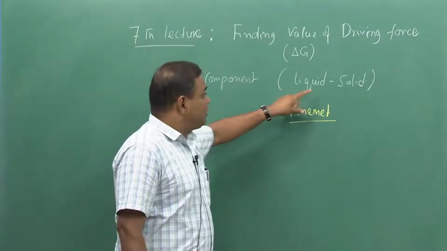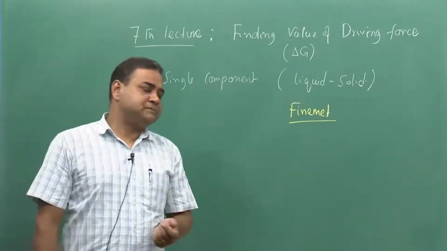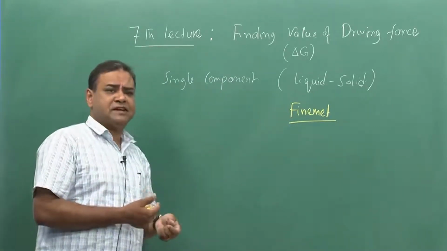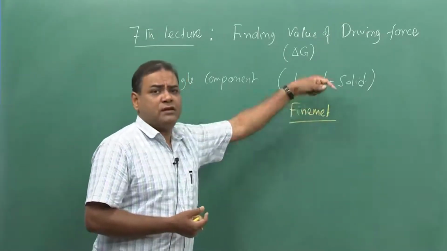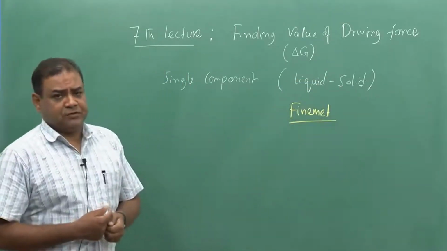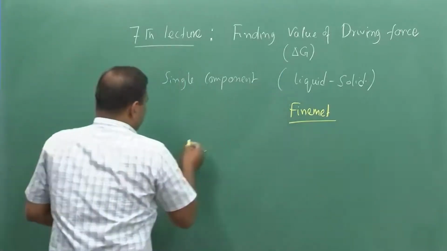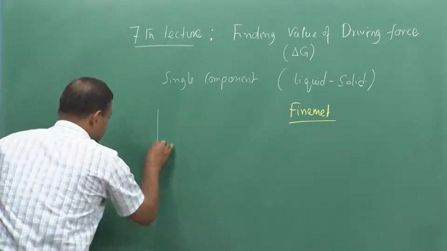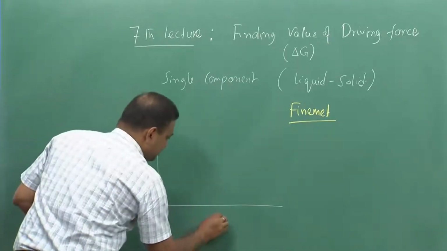So from an engineering perspective this transformation is very critical. One, it gives a simple expression for del G for a single component system, and also it has engineering importance, and later we will see that heat treatment plays a huge role in this transformation.